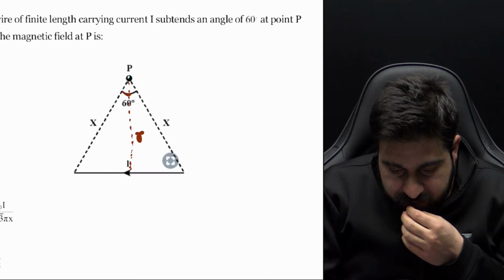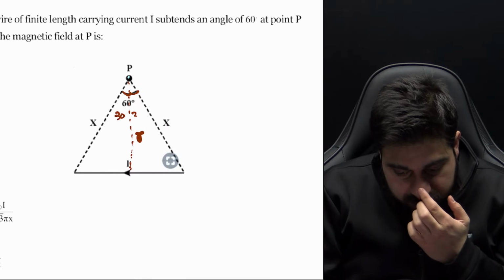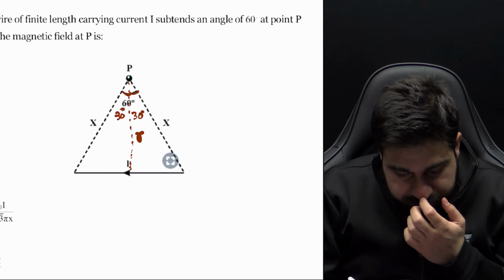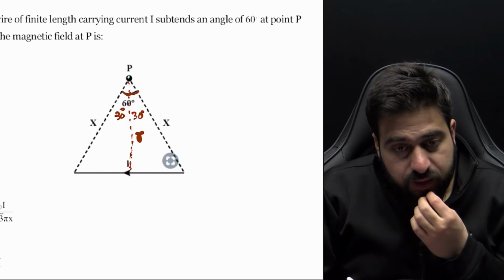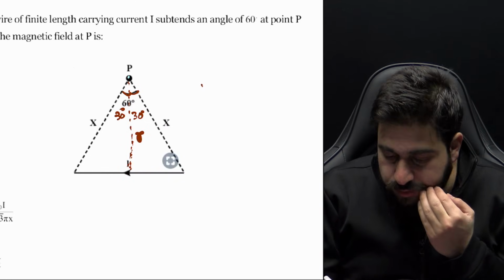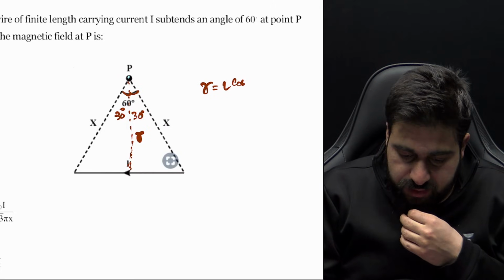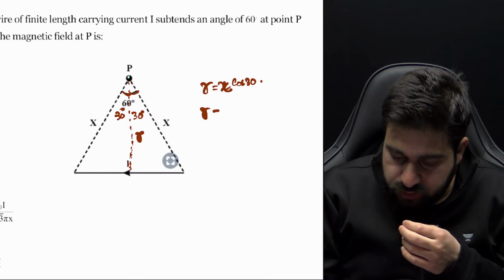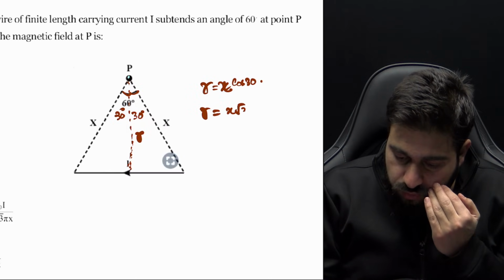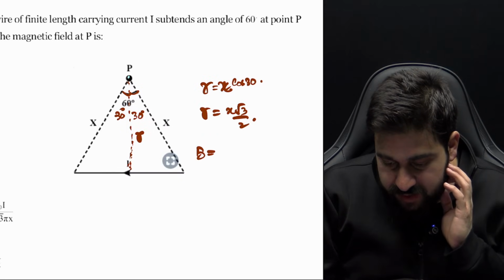This is cos 30, this is cos 30. This is 30. This angle is also 30. And this is R. This is R. And recently I told you R will be L cos 30, or here it is X cos 30. So R will be equal to X root 3 divided by 2. And theta 1, theta 2 is this. What is the magnetic field?